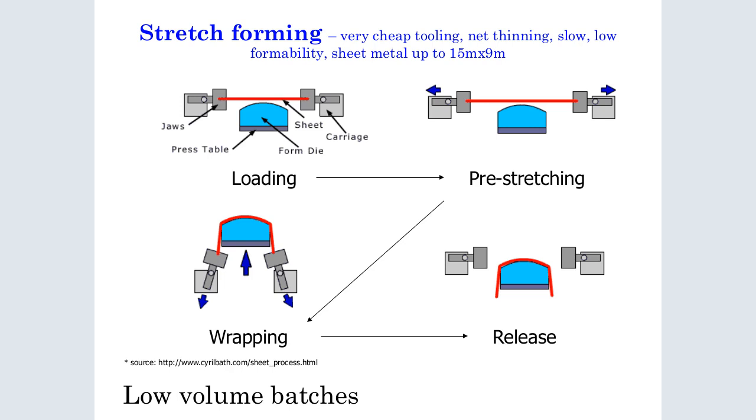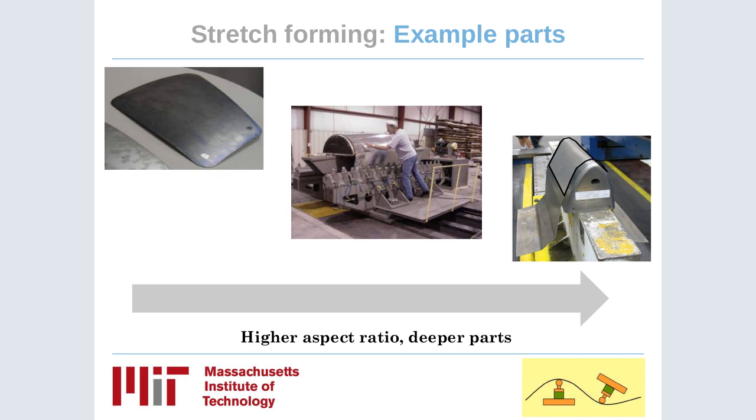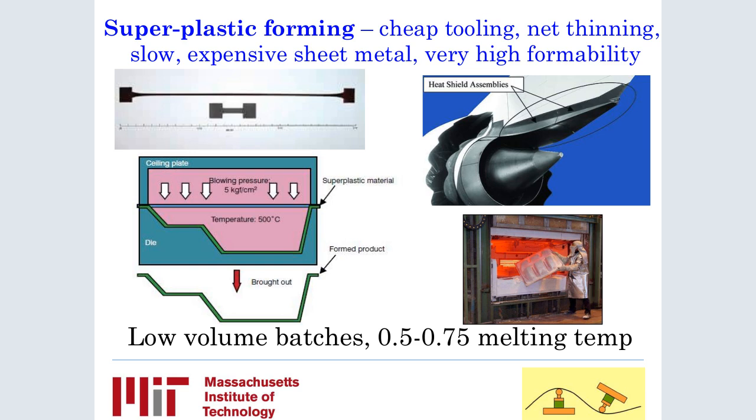Then the jaws are there, the carriage is there, you can see the press table, and then the form die. So this form die is pushed up so that it can bend this sheet material. You can see the wrapping, the pre-stretching, and then the release. When you release, now what you get is the higher aspect ratio of the deeper parts.